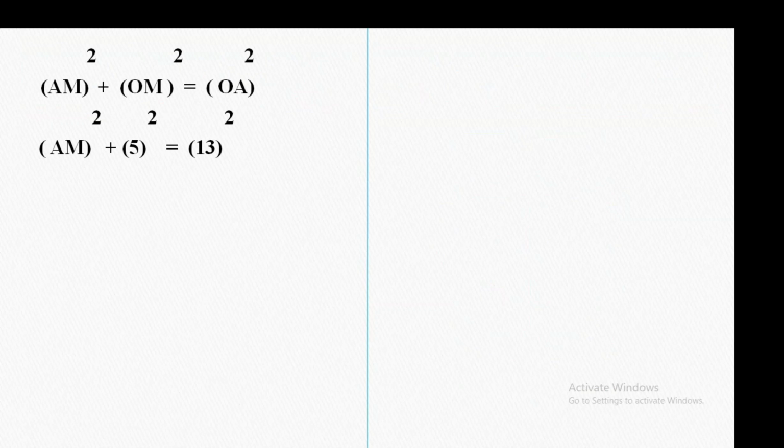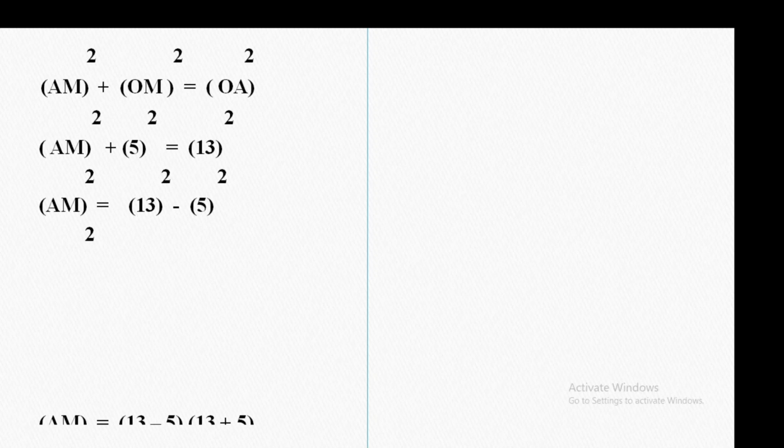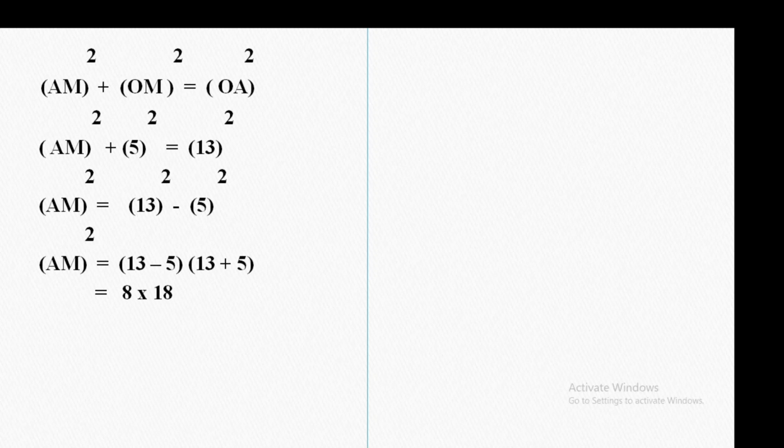Now after substituting the value, AM whole square plus 5 square is equal to 13 whole square. Now transpose this 5 square to the right hand side. So AM whole square is equal to 13 square minus 5 square. So AM whole square is equal to again a minus b, a plus b. So 13 minus 5, 13 plus 5. So 13 minus 5, that is 8, and 13 plus 5, that is 18. So 18 into 8, that is 144.